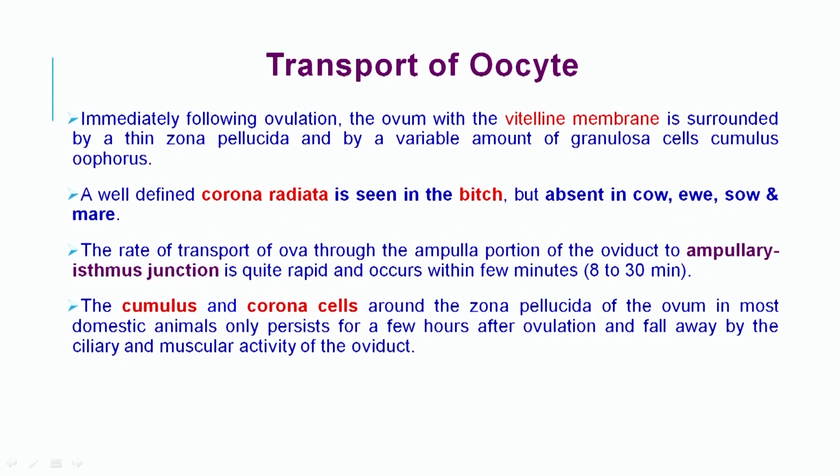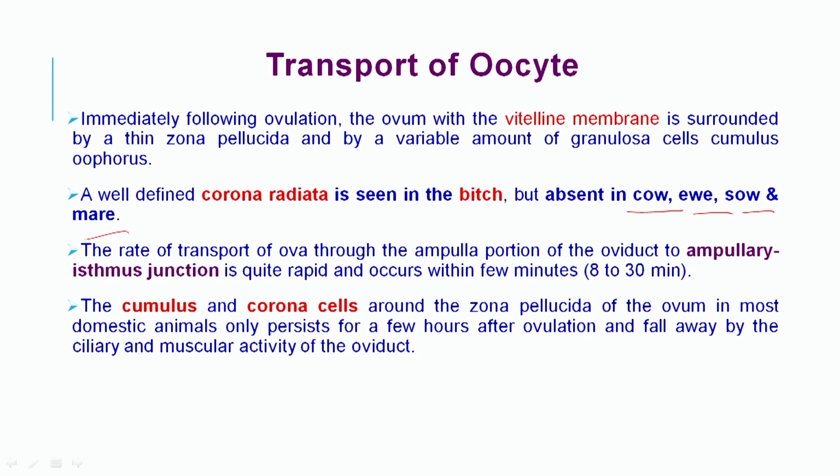Immediately following ovulation, the ovum with the vitelline membrane is surrounded by a thin zona pellucida and by a variable amount of granulosa cells, the cumulus oophorus. A well-defined corona radiata is seen in bitches but absent in the cow, ewes, sow and mare.